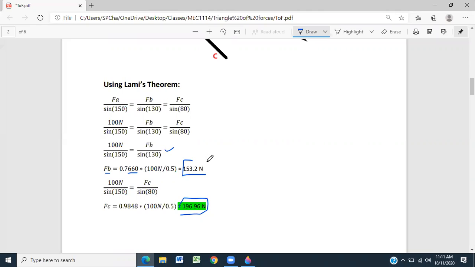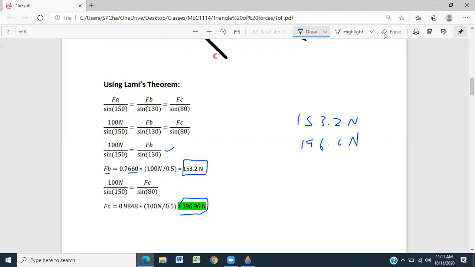And we find the answers we got before. One of them, remember, was 153.2 newtons, and the other was 196.67 newtons.